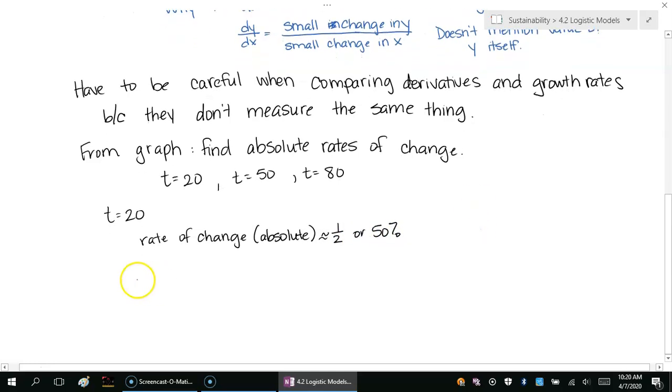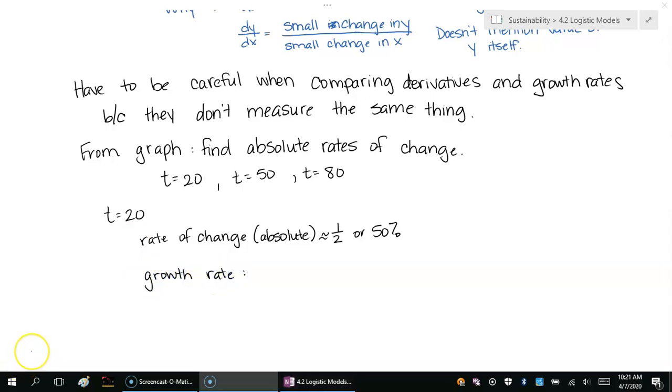Okay, but what does that tell me about the relative rate of change or the growth rate? Well, the relative change in a quantity is just the absolute change divided by the value of the quantity.